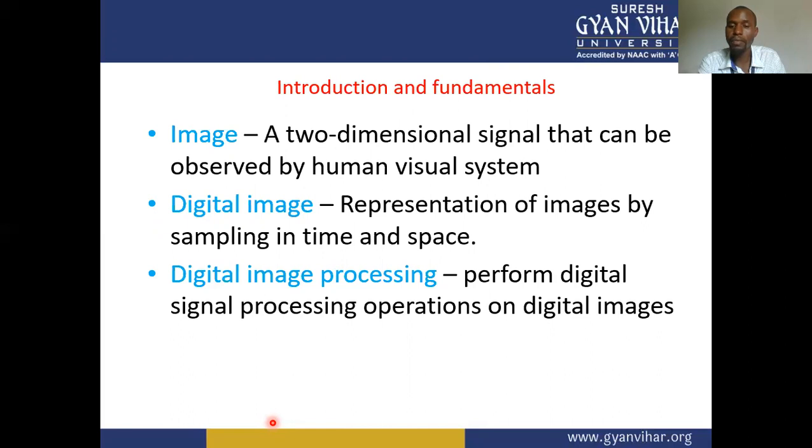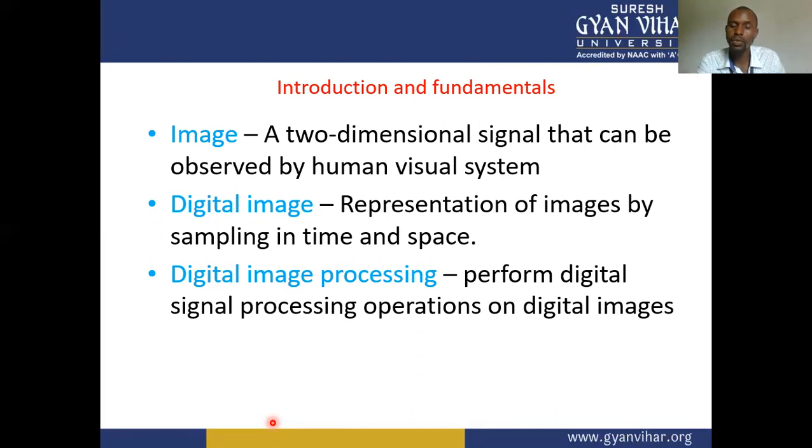From there we represent an image on the x and y axes. Hence, it is known as two-dimensional. Now, the signal here is an input that is received from a sensor. In this case, we use a camera to capture an image, and this camera consists of a lens.